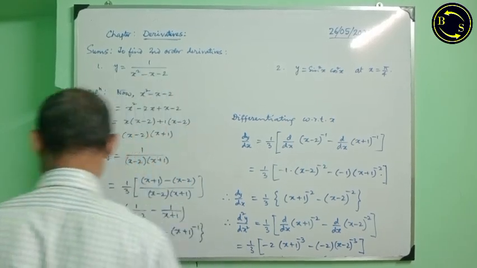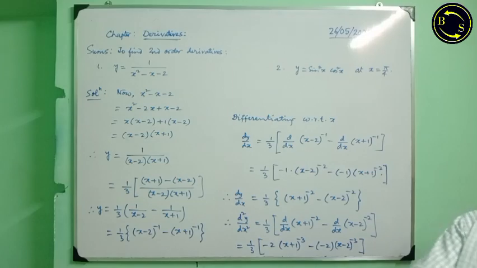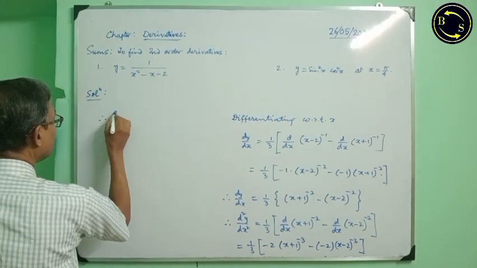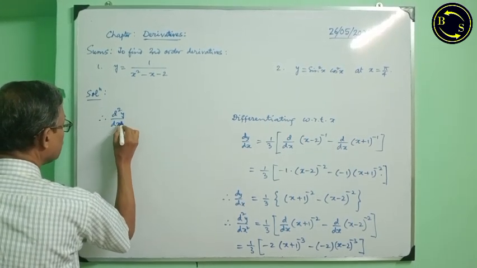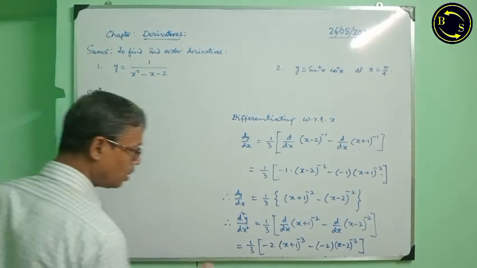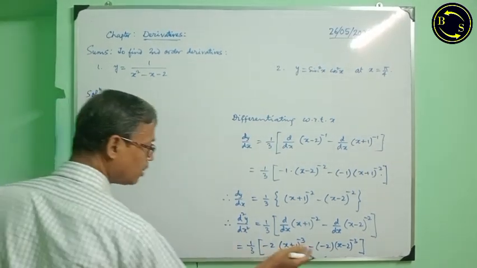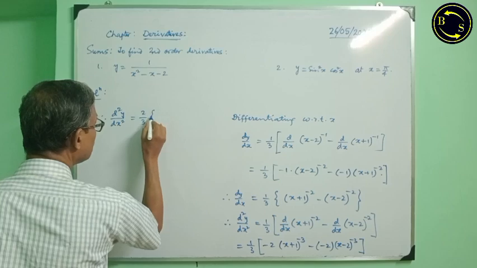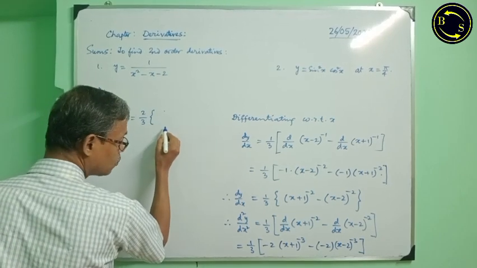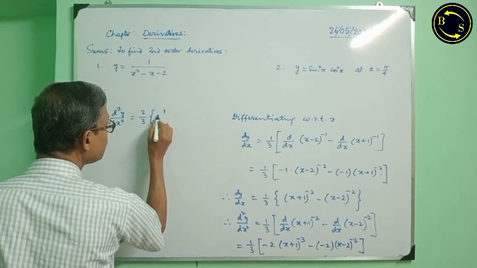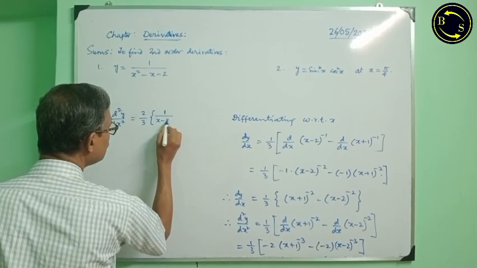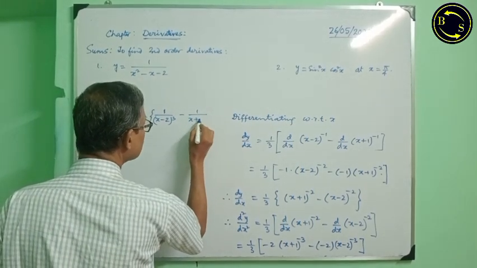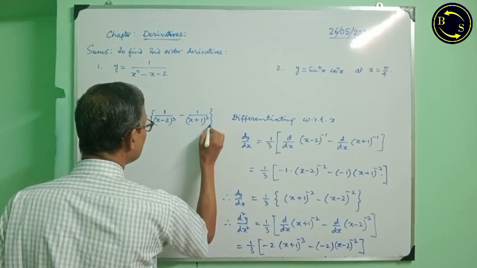I need space. Let me rub. Therefore, d2y/dx2 is equal to, this will be plus 2, therefore I write that in front, and 2 is a common factor: 1 by (x minus 2) cube minus 1 by (x plus 1) cube.